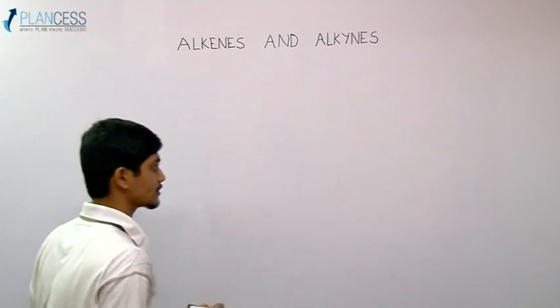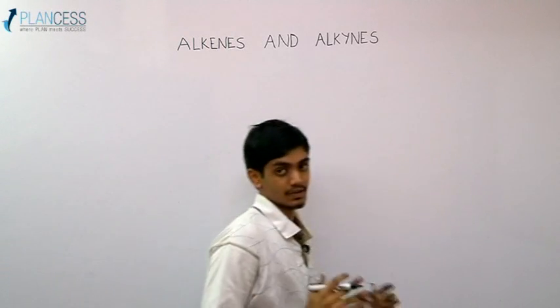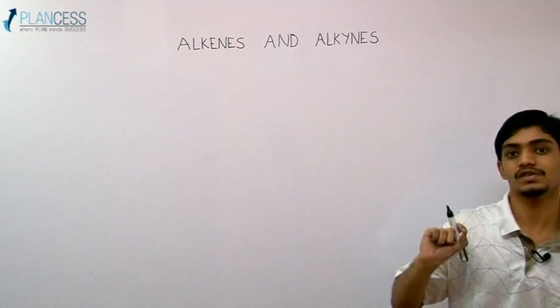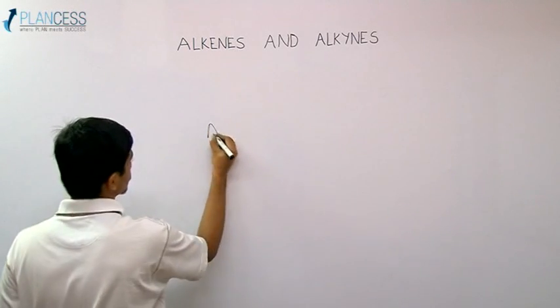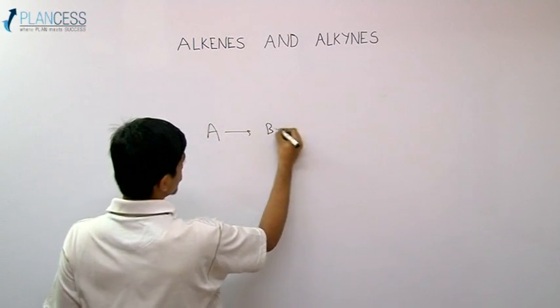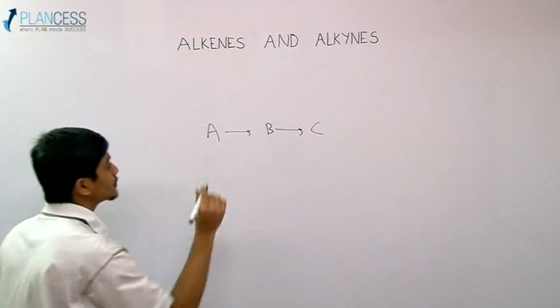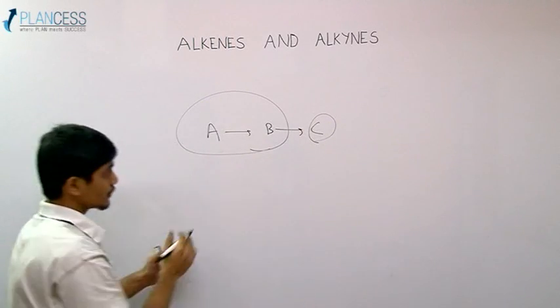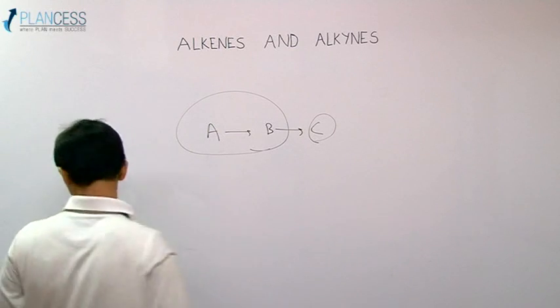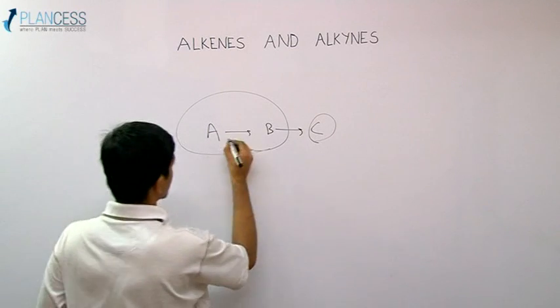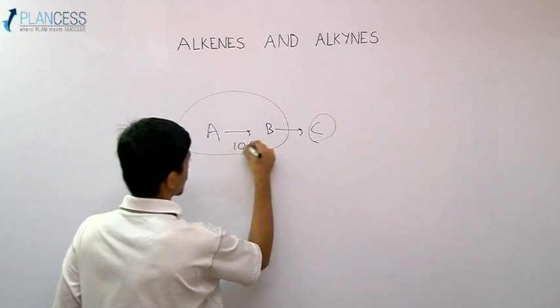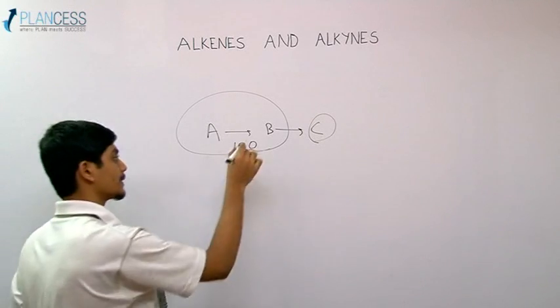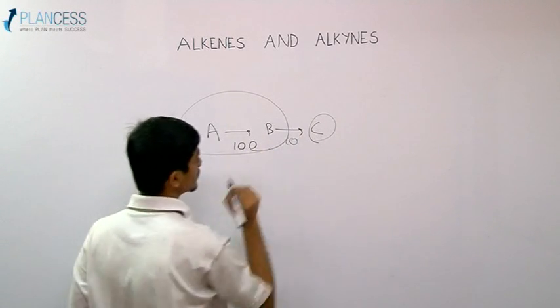We have seen in alkanes also there is something called a rate determining step, which is the slowest step. I told you, if A is giving B, and B is giving C, the formation of C completely depends on the slowest step among these. Suppose A gives B with a speed of 100, but B gives C with a speed of only 10.